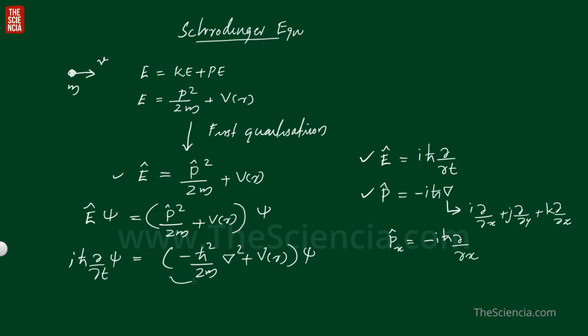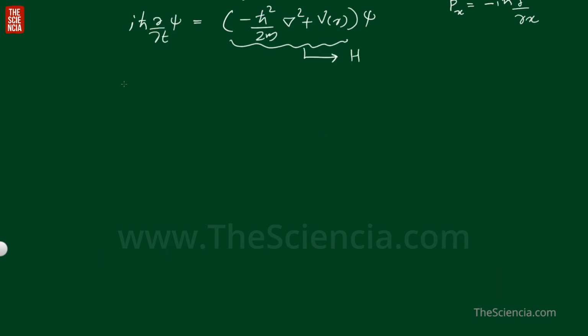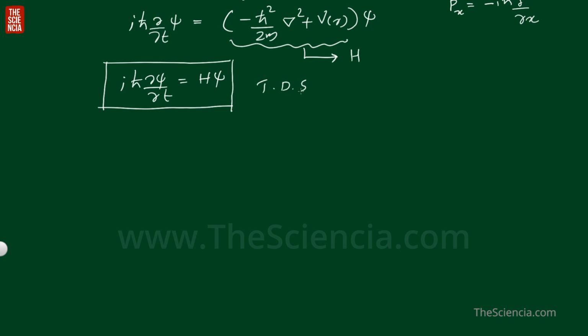Here this entire term is called H. So again I can rewrite this equation: i h cross dou psi by dou t is equal to H psi. This is called the time dependent Schrodinger equation, because in the equation you can see the explicit dependence on time t.